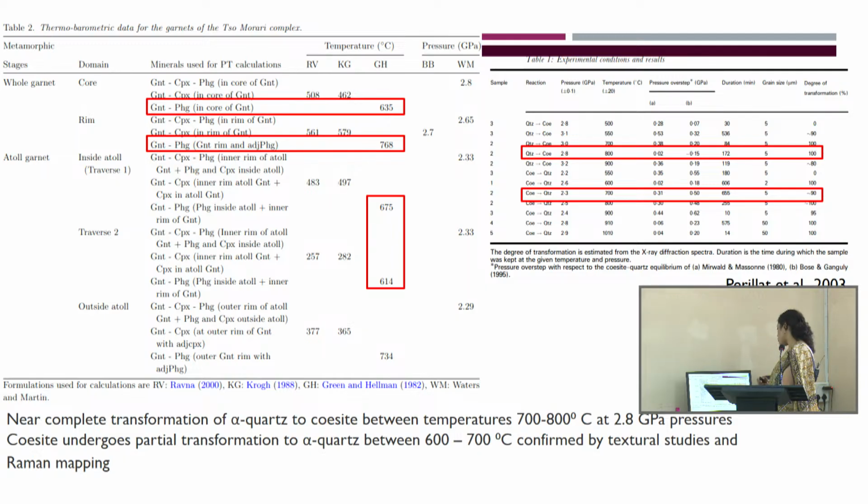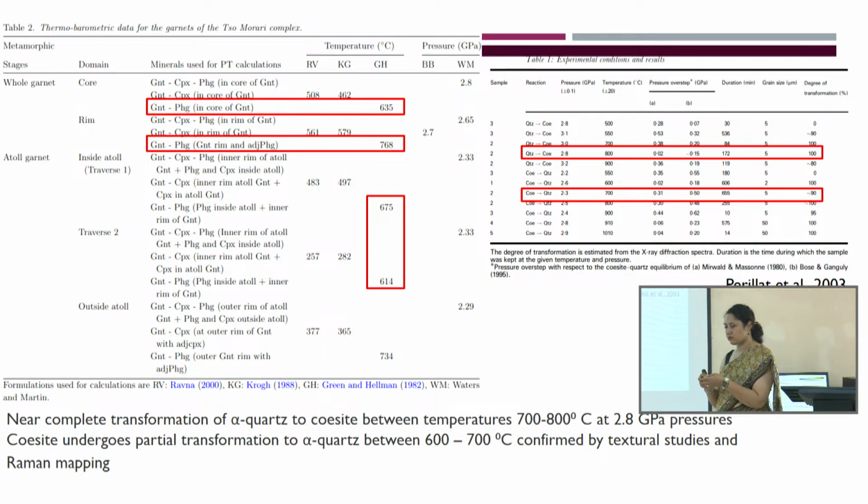And again, the retrograde transformation of coesite to quartz happened at 2.3 GPa pressure and the temperature was somewhere around 700. That also matched with our values of 675 and 2.3 GPa. So that gave us a fair understanding that maybe we are on the right track, especially with these temperatures.